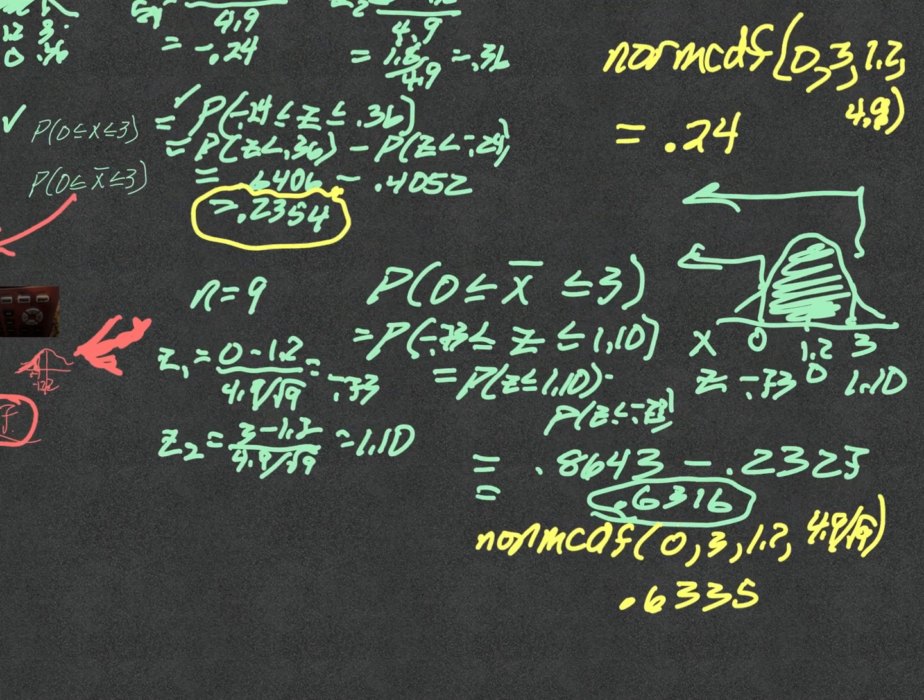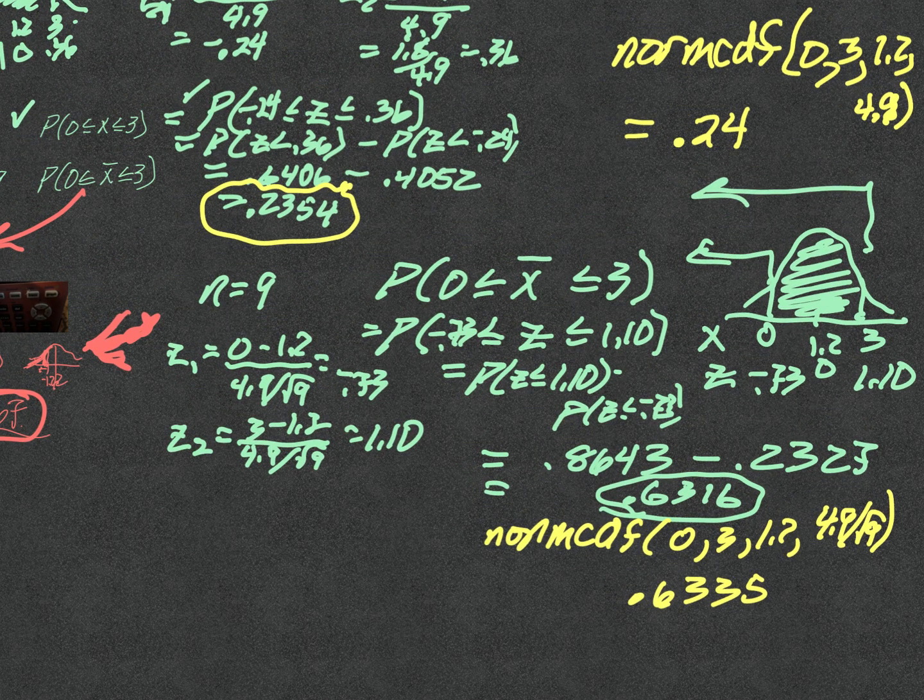Okay, I've now punched those in the calculator, and you can see for 7A, the probabilities are close, 0.2354 or 0.24. All right. Actually, yeah, it's 0.2401. And then on the norm CDF with the sampling distribution, the answer is 0.6335, and the table value is 0.6316.